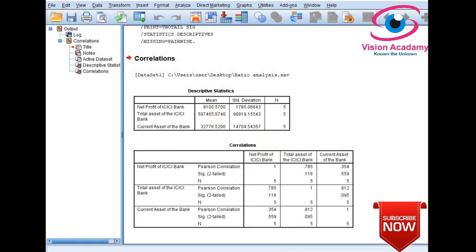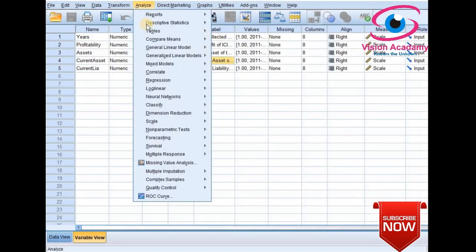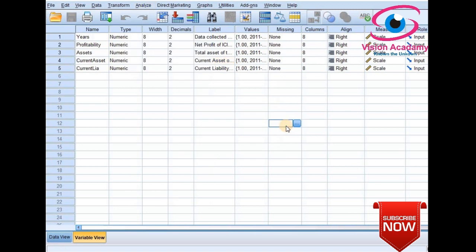Let us also look into another dimension. Let us consider one more variable in the data set, current liability. For that we also have to make a hypothesis. So here I will consider that higher the net profit and total assets increases the current assets as well as current liability.